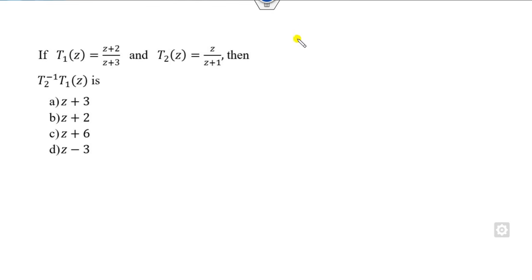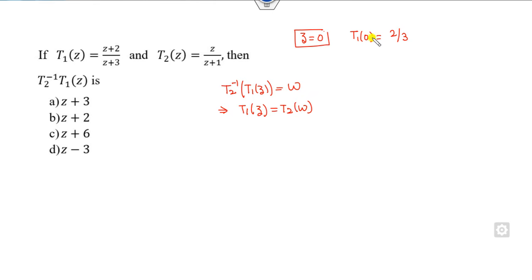Look at this one. Again, I can choose any value. Say z is w. What is the t1 of 0? t1 of 0 will be 2 over 3. So I can say this number will be my w. So it means I need to prove this value should be here. Now t1 of 0, if I take z as 0, what is my w?